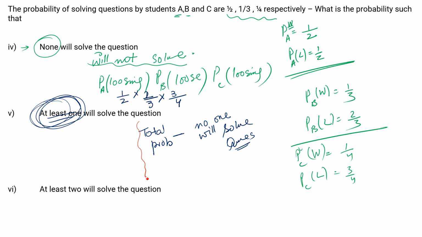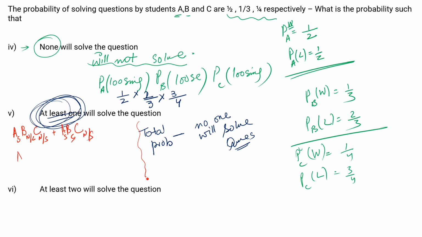What does at least one solves the question mean? It means A will solve the question, B will not solve the question, and C will also not solve the question. Or maybe A solves the question, B solves the question, C does not solve the question.